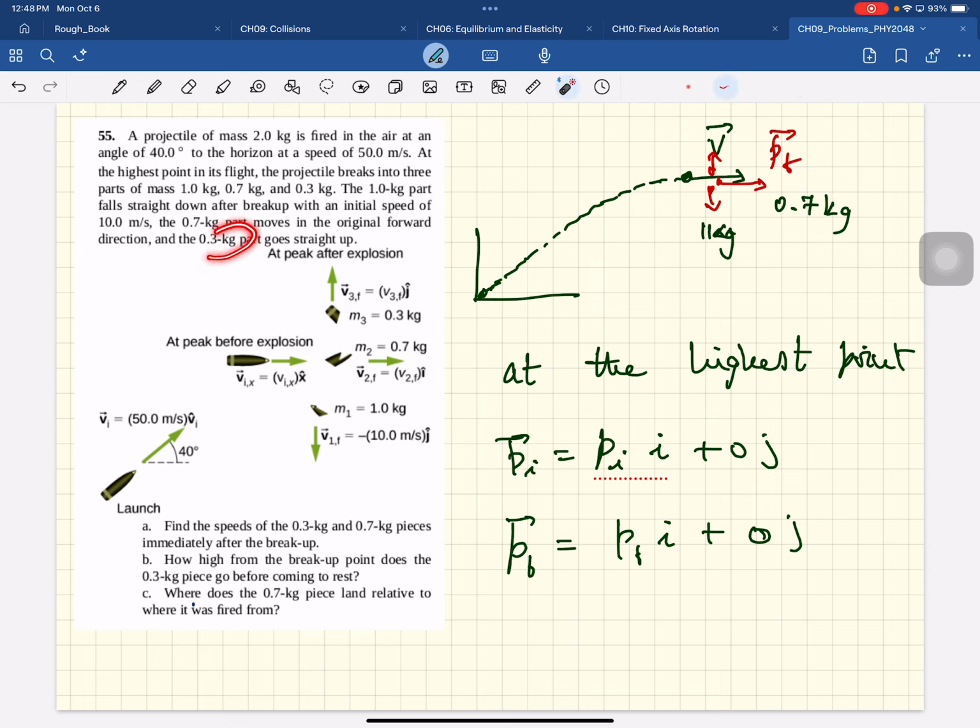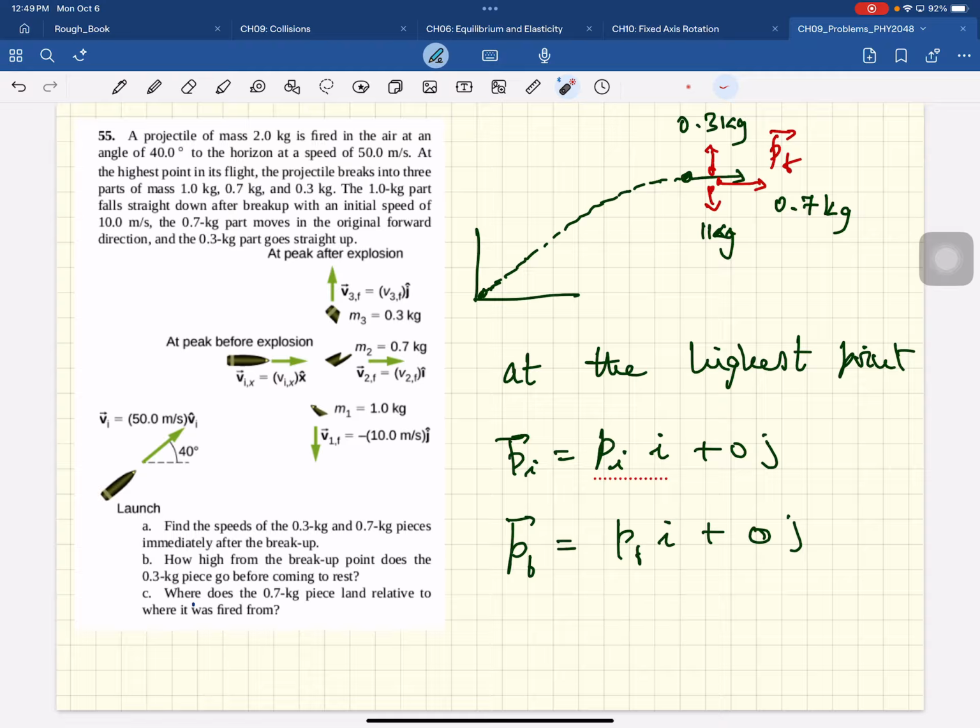And the 0.3 kg goes straight up. Now just before the collision, your momentum was in the x direction. So the final momentum has to be in the x direction. So this momentum should cancel this momentum. And this momentum should equal the initial momentum.